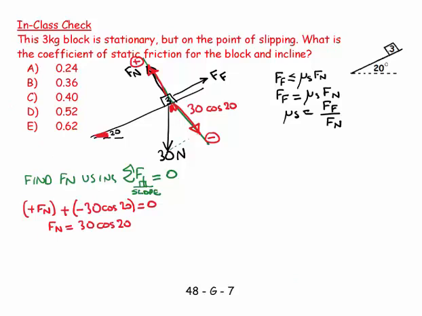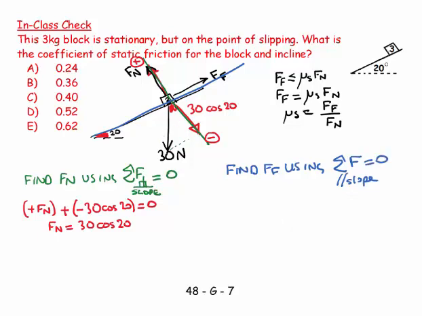What do I do about the other axis, the other parameter? Find Ff using the sum of the forces parallel to the slope. I'm going to have an axis going in that direction because I want to ignore Fn equals 0.